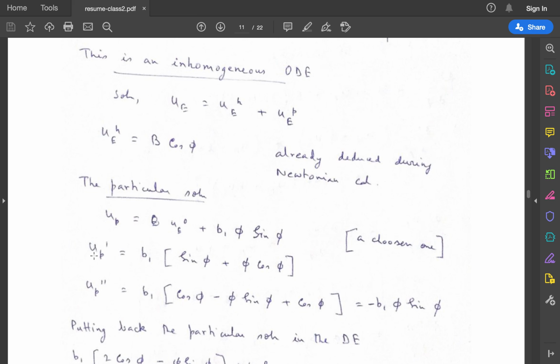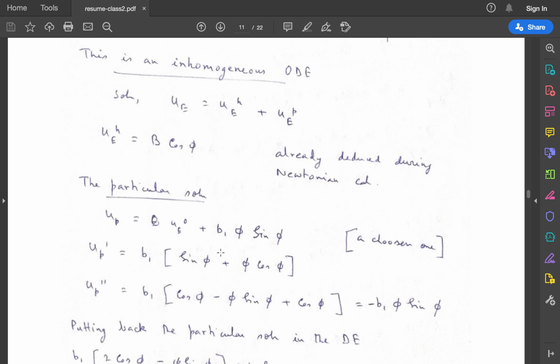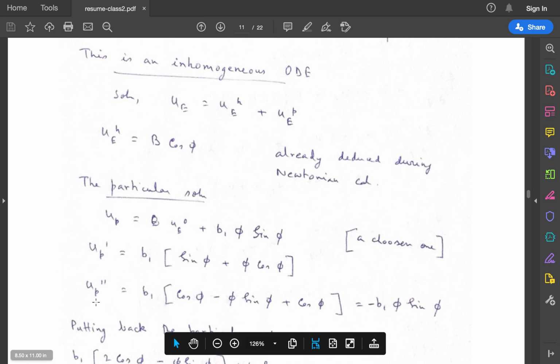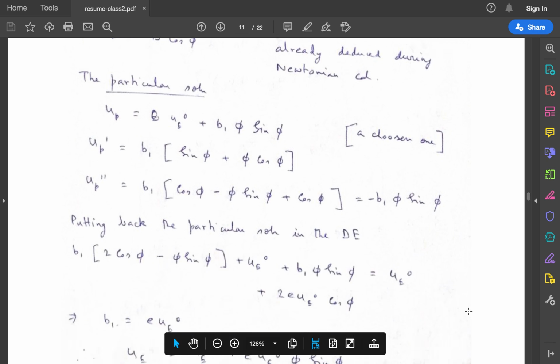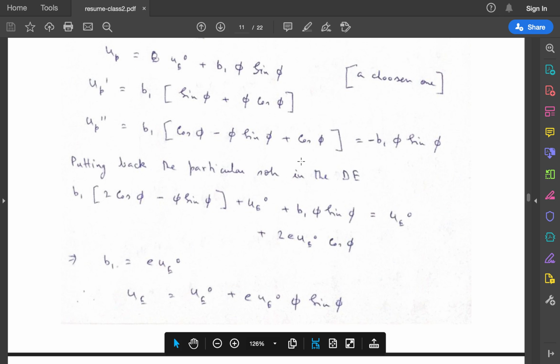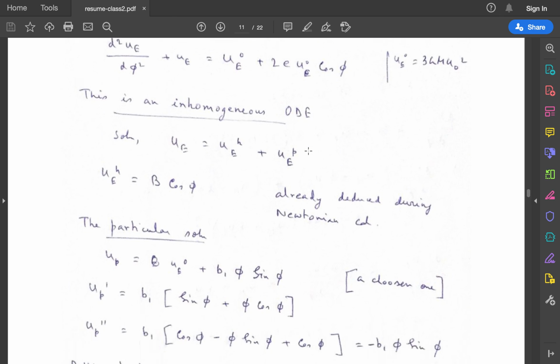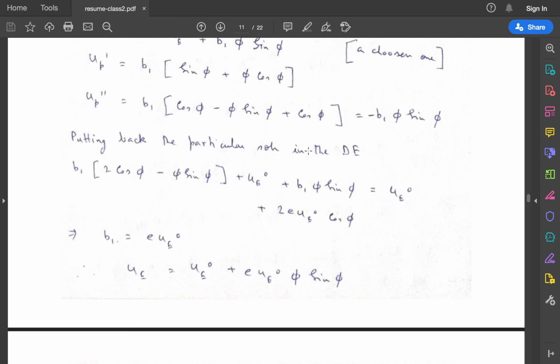So if I take the derivative of this in terms of φ, the double derivative becomes minus b1 φ sin φ. Putting this back into the original differential equation, we get b1 equal to εu0.